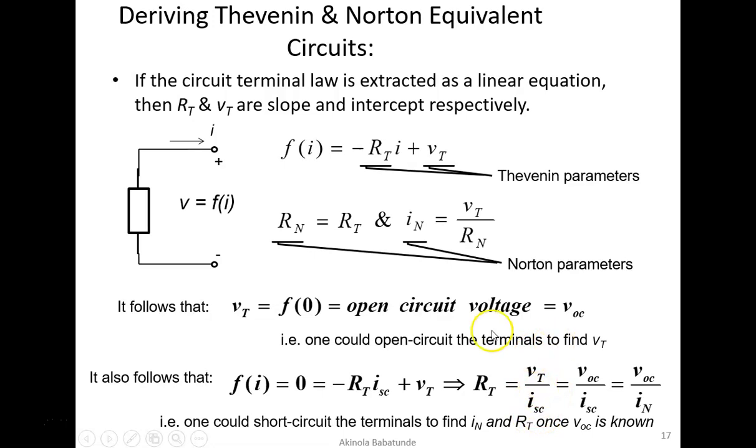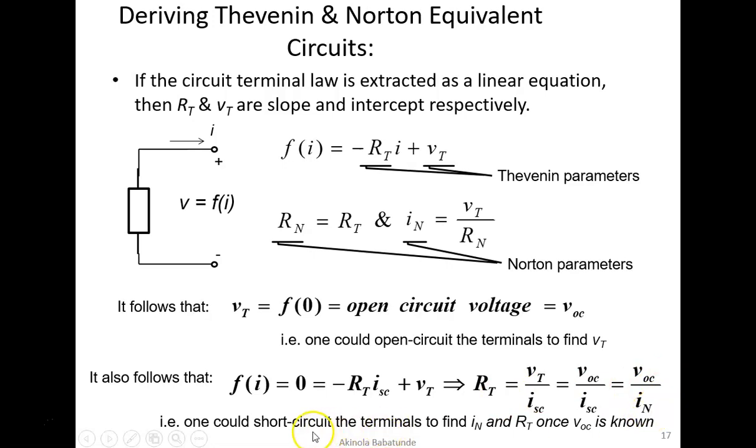Your VT, we have found it to be VOC. You can put VOC here. We have our I short circuit here. And our I short circuit automatically will be equal to our IN, which is the I Norton. All right. So our R Thevenin, if we are looking for R Thevenin, when we short circuit the circuit, we can obtain that by writing RT equal to VOC divided by IN.